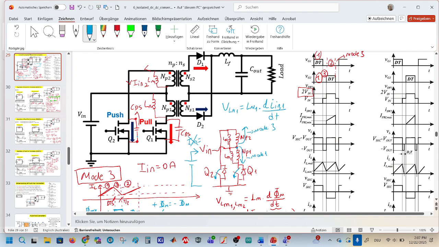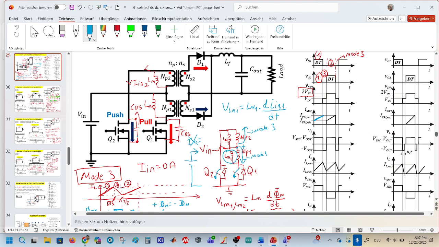Input current rises like that. This was input current. There is a change and there is a voltage across this primary winding. And this is exactly the same on the magnetizing inductance because we normally store the energy in the magnetizing inductance.